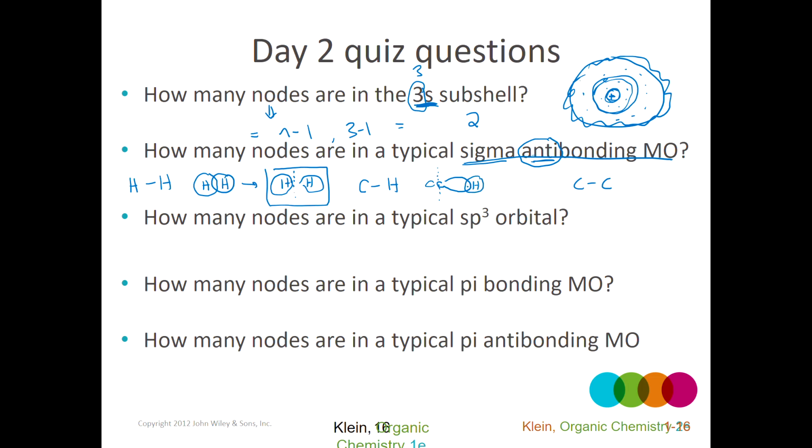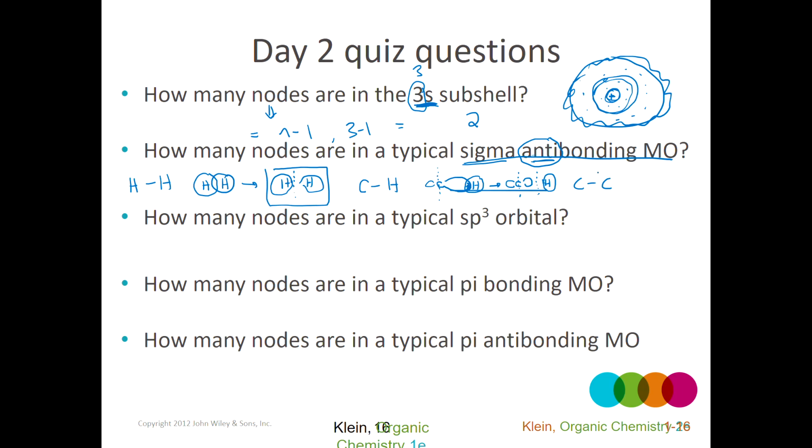If it's destructive interference to create an antibond in that area of overlap, that would cancel out, so I would get a second node. There'd be some electron density around the carbon. There's already a node here. A new node would be created due to the destructive interference in the area of overlap, and then there'd be more electron density around the hydrogen. So there'd be two nodes if it were a CH bond.